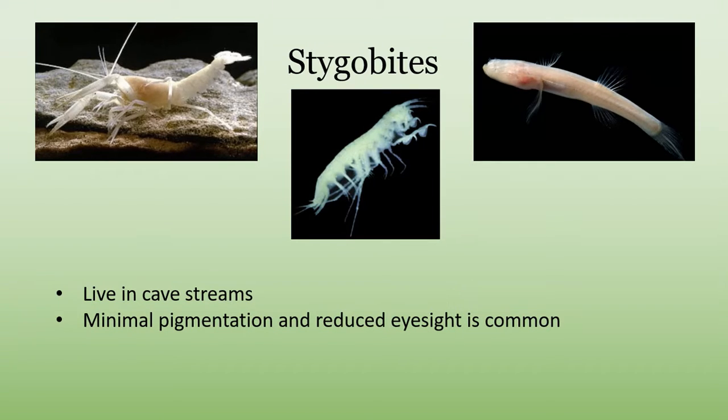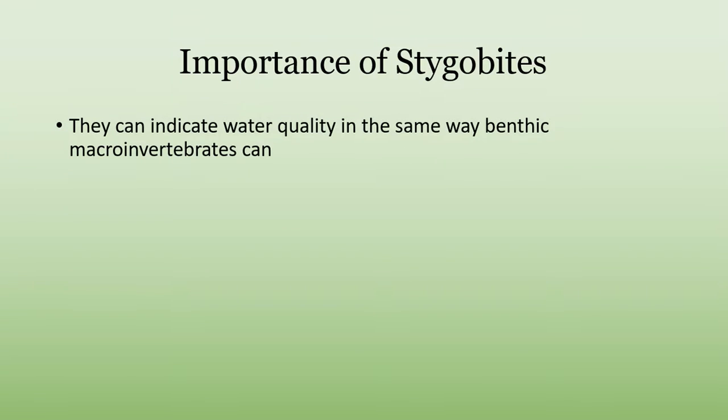They just live in cave streams, and they've adapted to live in that environment, so they have characteristics like minimal pigmentation and reduced eyesight. And these guys are important because, like benthic macroinvertebrates, they can indicate water quality, such as their presence can mean that the water quality is sufficient enough for life to live in. And they also have different tolerance ranges like benthic macroinvertebrates.